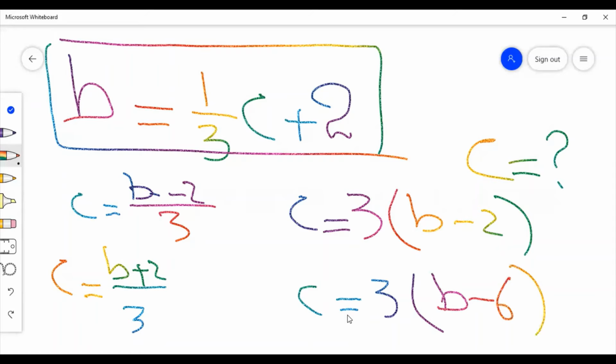Of all four choices, which one is the right value of C in terms of B? Can you see the four choices? Yes, I'm doing it right now.